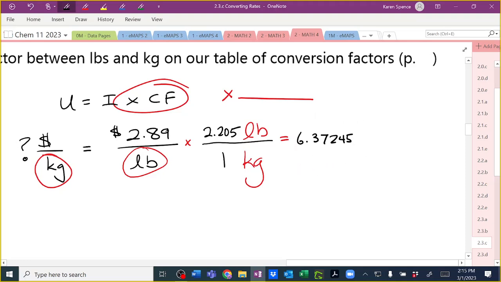What do I need to do? I need a unit. My pounds have canceled out, and I still have dollars, and I still have kilograms. So that's excellent. I have dollars per kilogram. Done. Put a box around it.